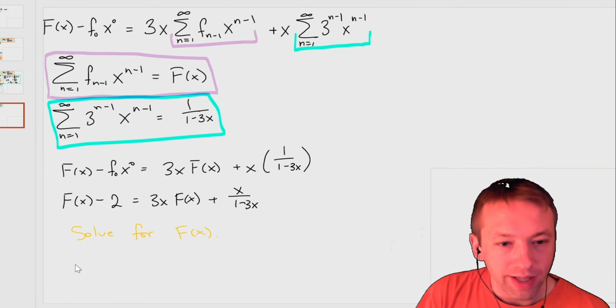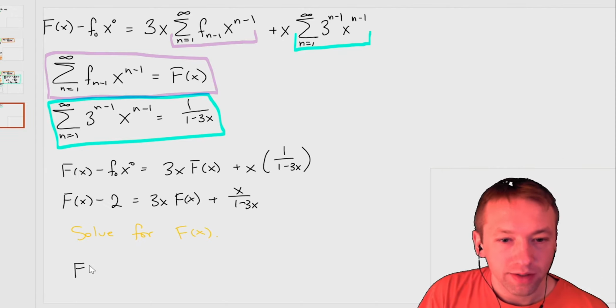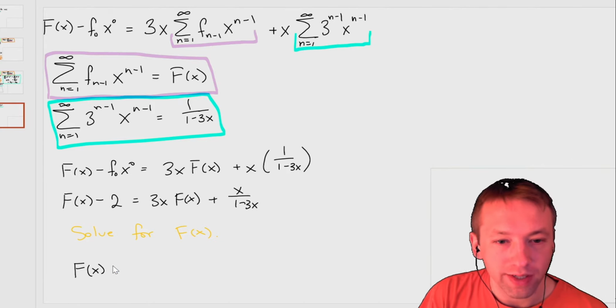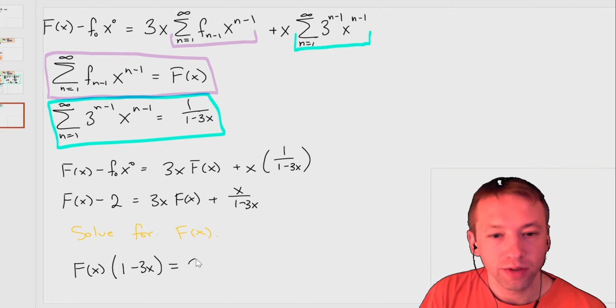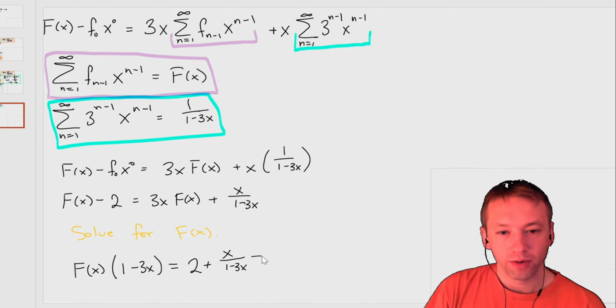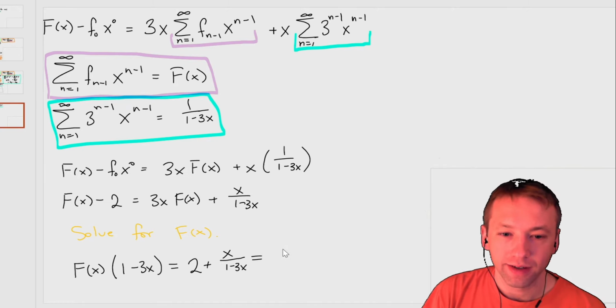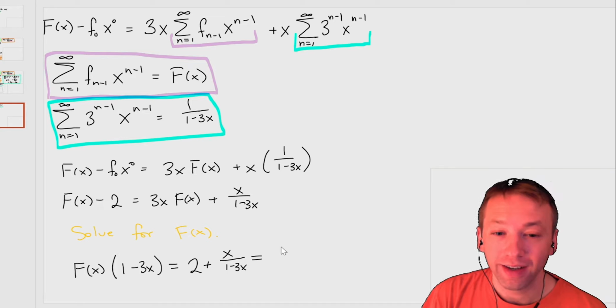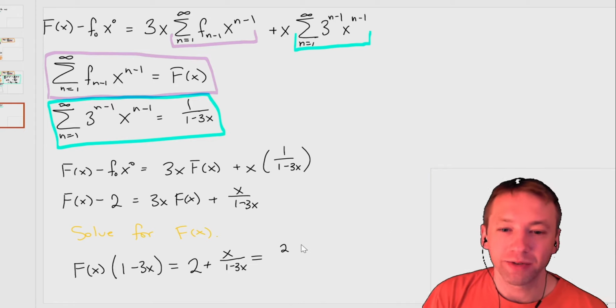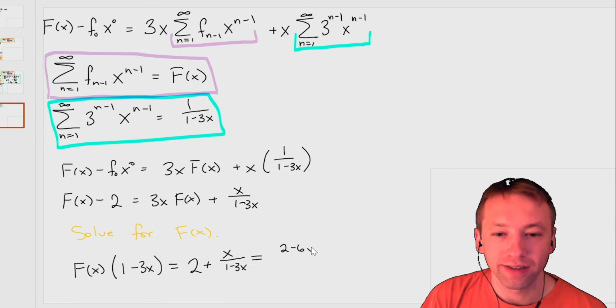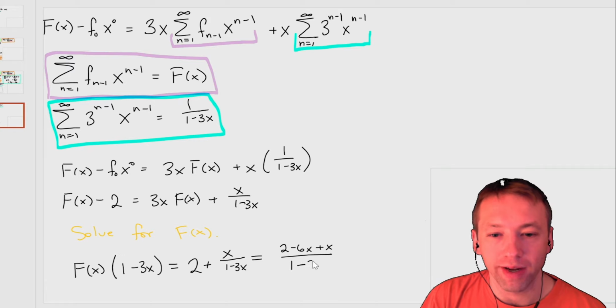So what we get now is that if I pull this over, I'm going to put all the f of x's on one side and factor it out. So I get f of x times 1 minus 3x equals 2 plus x over 1 minus 3x, which is the same as, if I combine these two things on the right-hand side, I multiply the top and bottom of 2 by 1 minus 3x, so it's 2 minus 6x plus x over 1 minus 3x.